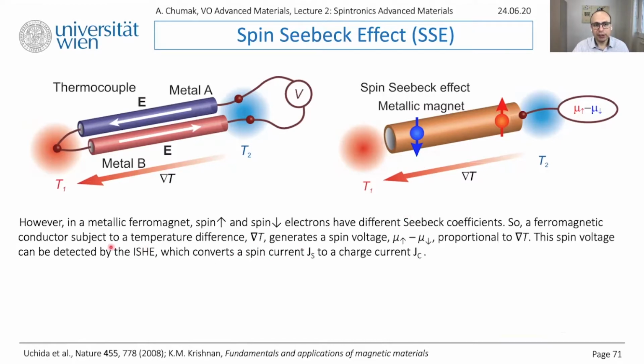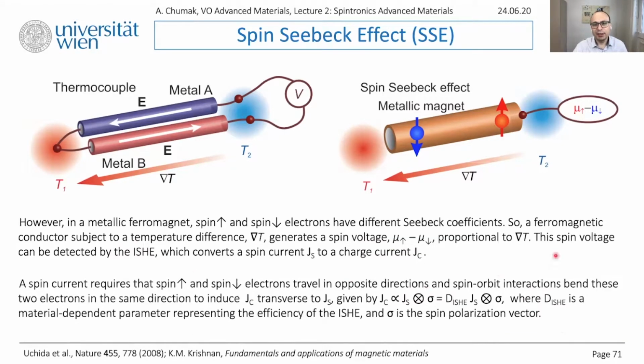So the thermal gradient will create some difference in magnetic moment between spin up and spin down electrons, and this spin polarized current can be detected again in the form of the inverse spin Hall effect, like we considered in the previous lecture.